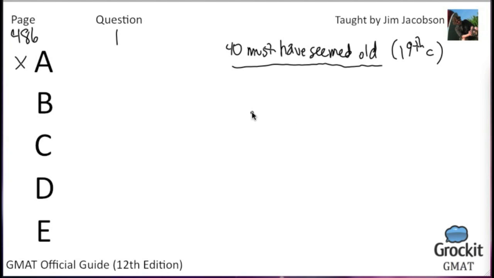What this does for us is it says that life expectancy in the 19th century would have been something like 0.5 plus 0.5 plus 0.5 plus... So sorry to deal in infant mortality so callously, but we have to move quickly on the GMAT.